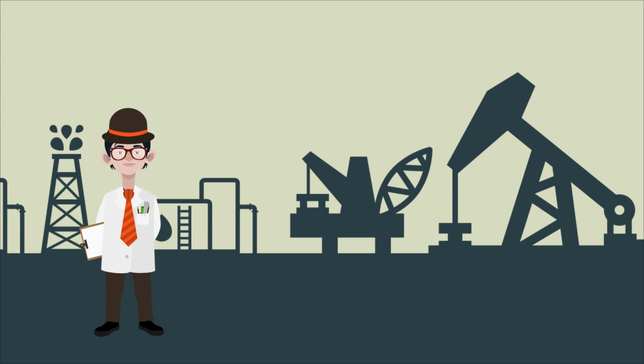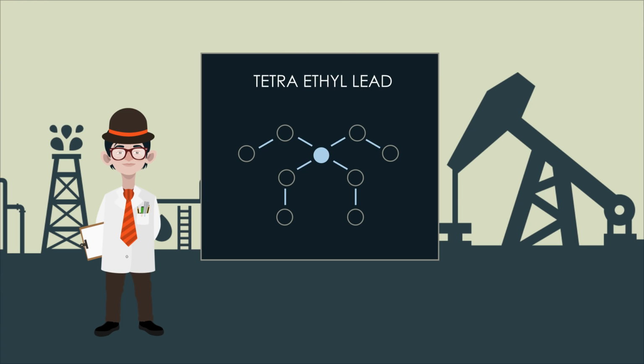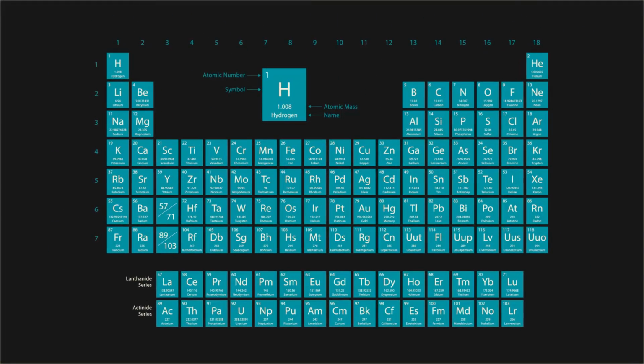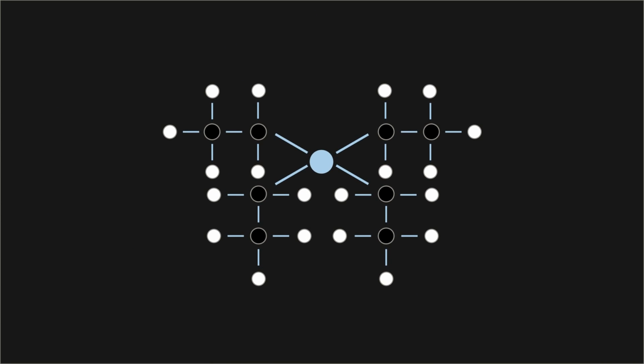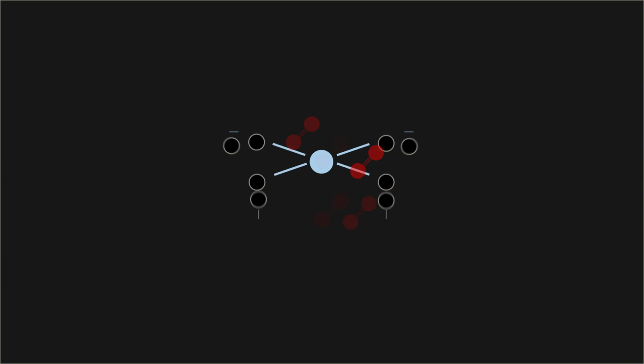In 1923, scientists discovered a compound of lead with almost the same structure and did the job perfectly: lead tetraethyl or tetraethyl lead. You might remember that lead is in group 4 of the periodic table along with carbon. The lead addition helped the petrol to burn smoothly, but the lead atoms combine with oxygen, forming lead oxide.